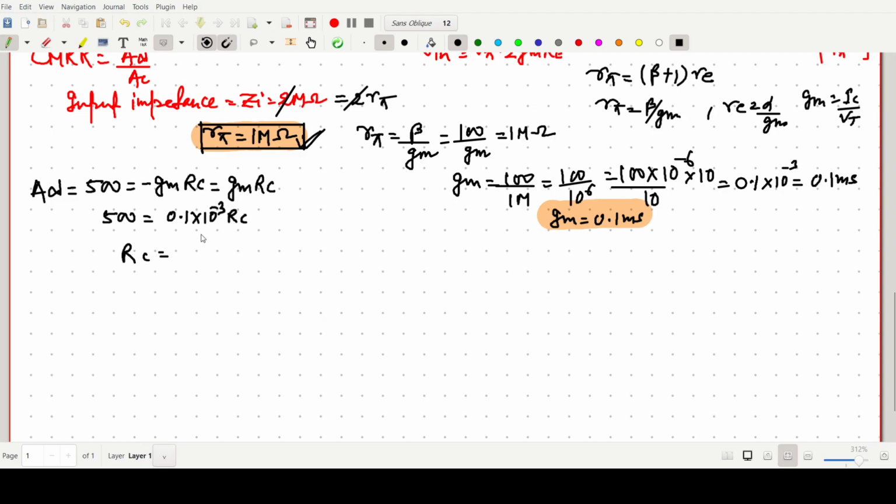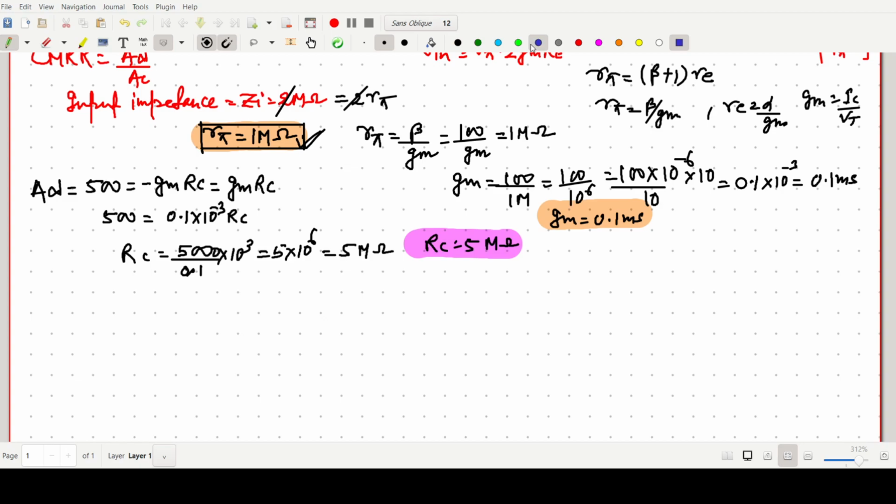So simply we can write rc equals 500 by 0.1 into 10 to the power minus 3, so one can write 5 into 10 to the power 6, so it should be 5 mega ohm. So rc value will be 5 mega ohm. Is it okay? RC value 5 mega ohm.